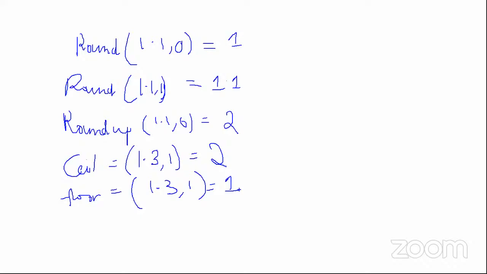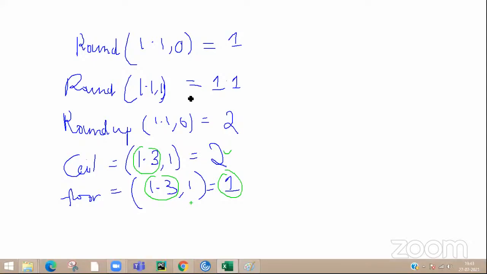Ceiling means it will take your existing number to the next higher number, that is 2. Floor means come down. Floor is always below. This number goes to the next number down, that is 1. So the same concept I'm using here also.